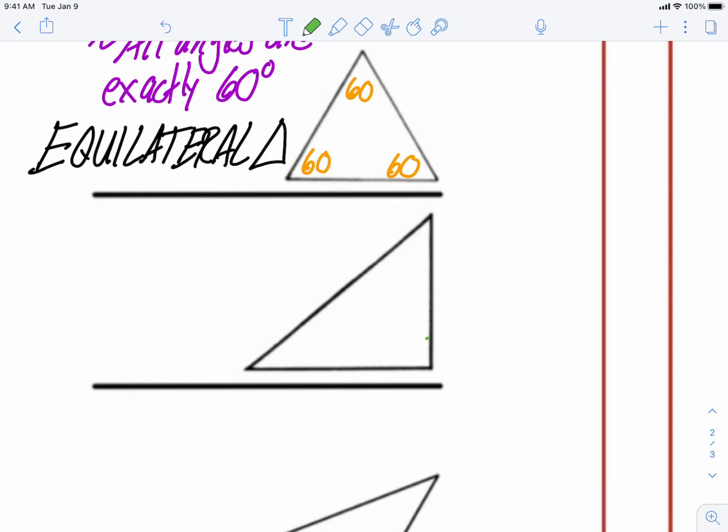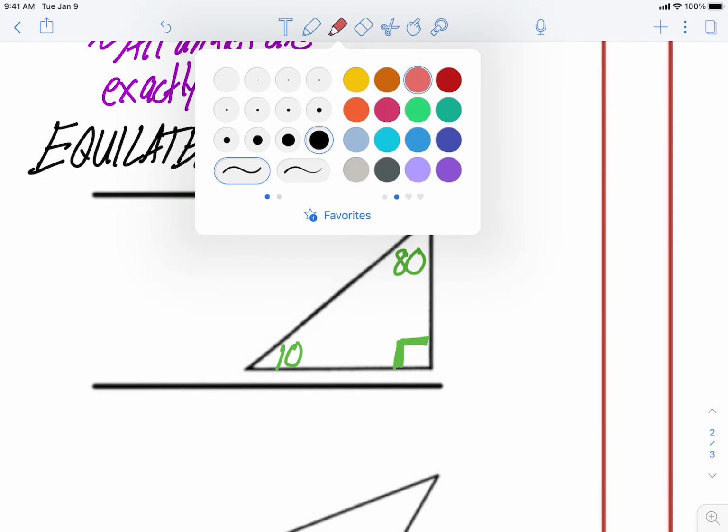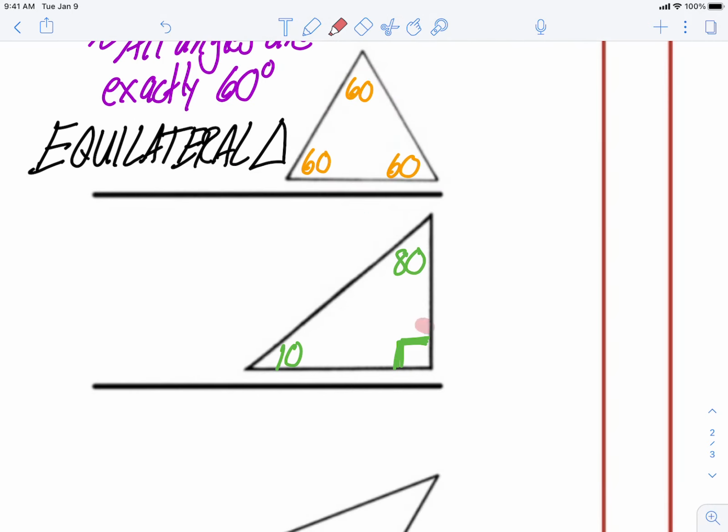Well, if you notice this corner right here, it's got a right angle. This could be 10 and this could be 80. But the important part, the thing that we have to identify here, is that it's got this 90 degree angle right here.